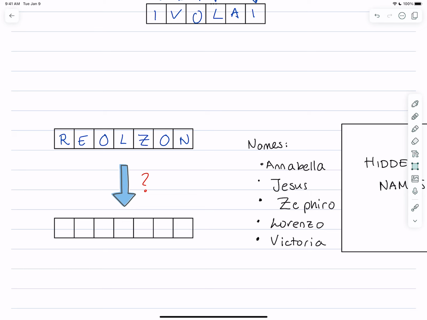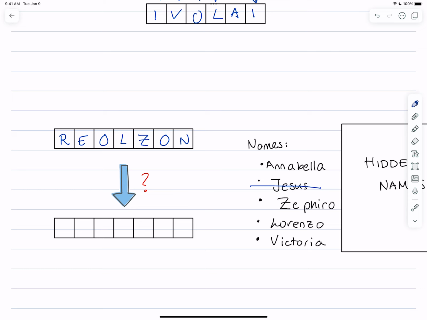All right, so to try to match up what the original name was, we have to remember what the rules for permutation were, right? So permutations can't add or delete. So it needs to have the same number of letters as the permutation, right? So for example, Jesus here, that doesn't work because it has only 5 letters, but Riolzen has 7, okay?